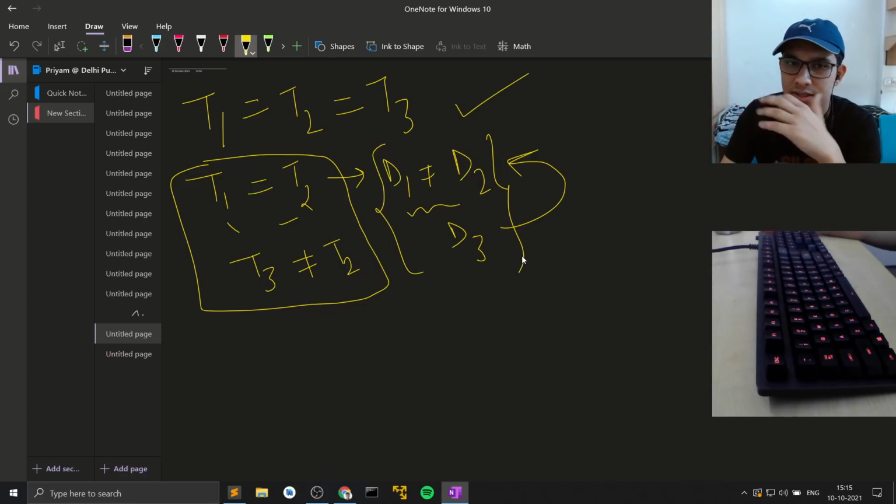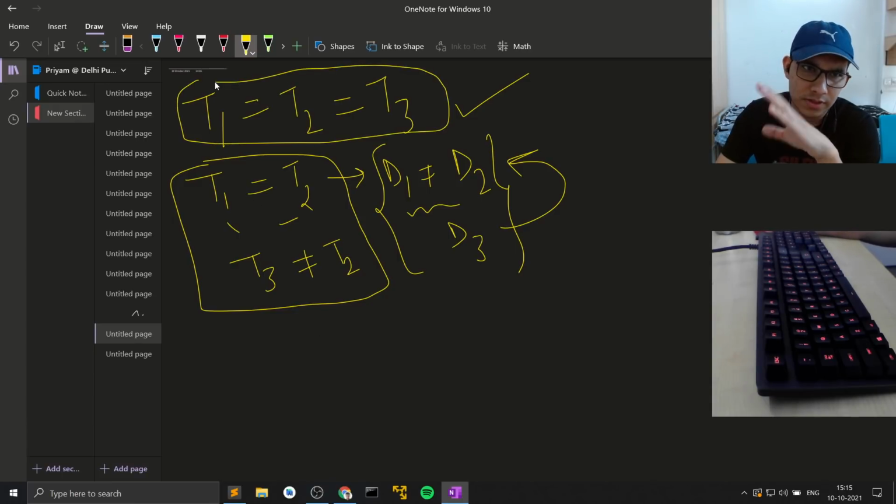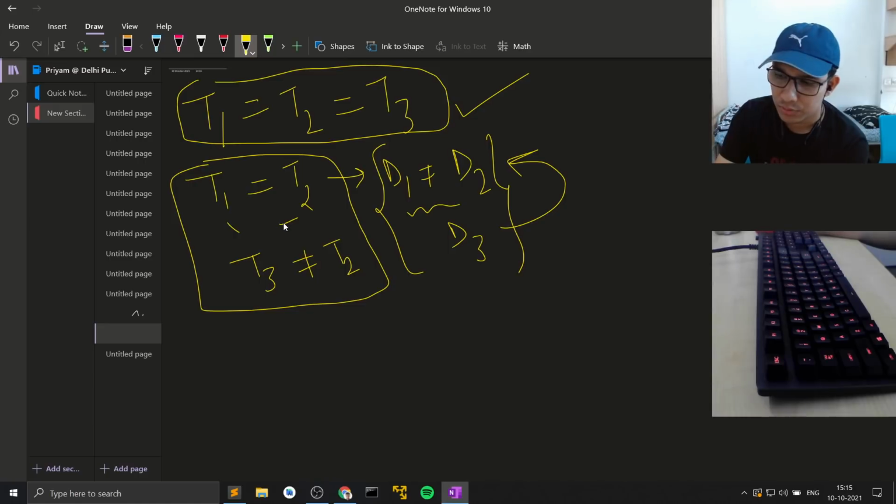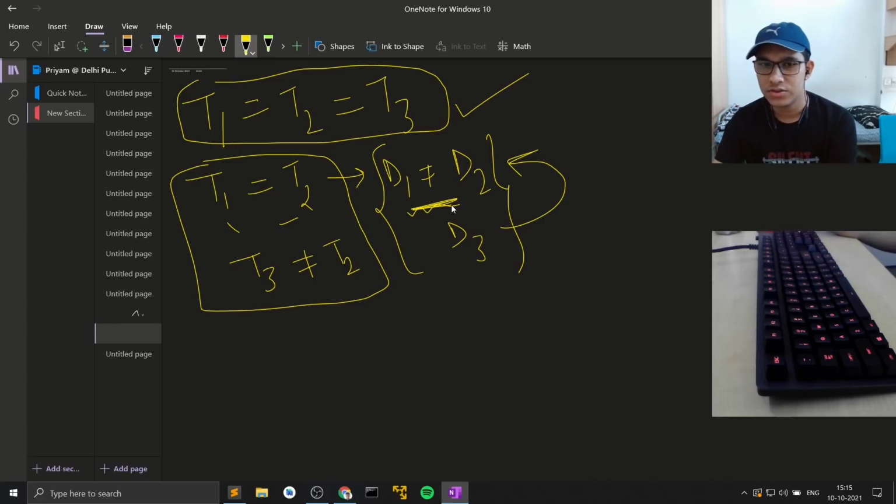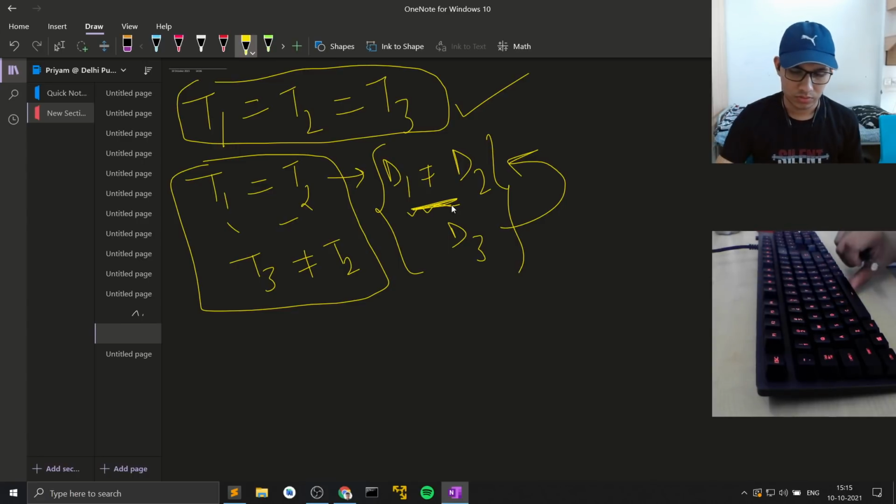We want three distinct difficulties. So if all these elements are equal, then we don't really care because the difficulties will be different. If any two of them are same, then we want to choose the difficulties as distinct. So already two of them are not equal. We need to choose the third difficulty, which is not equal to D1 or D2.